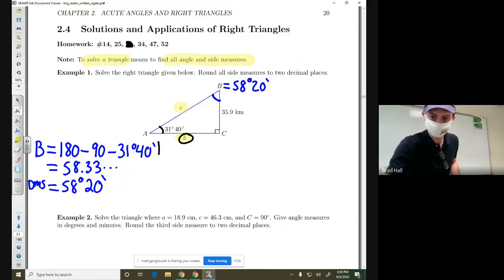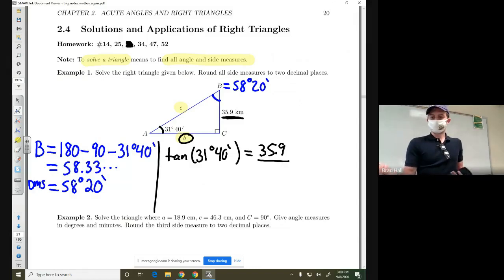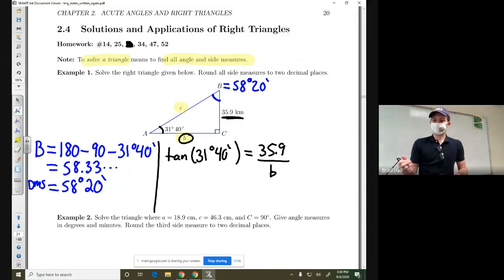So in other words, tangent of 31 degrees and 40 minutes. So what is opposite of that? That's the 35.9. And so what is that over? That's over adjacent, which is B. So look at that. We just set up an algebra problem.